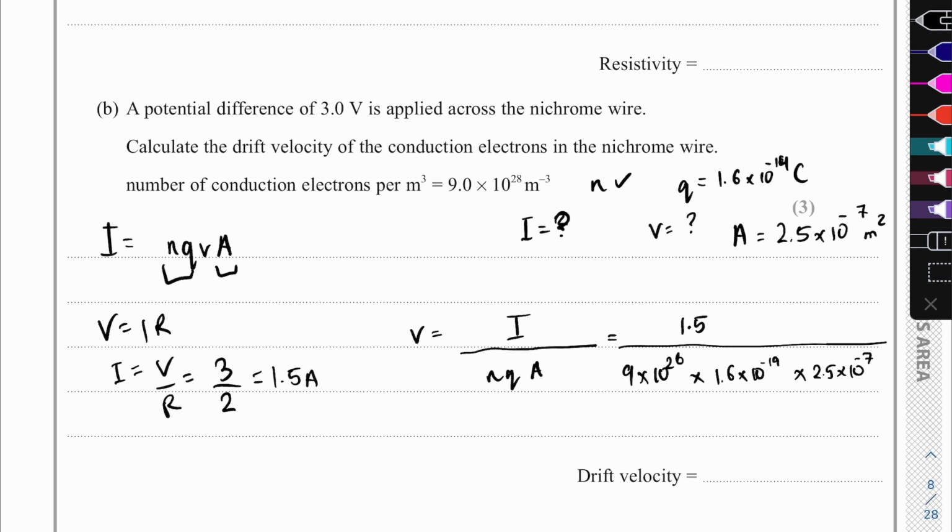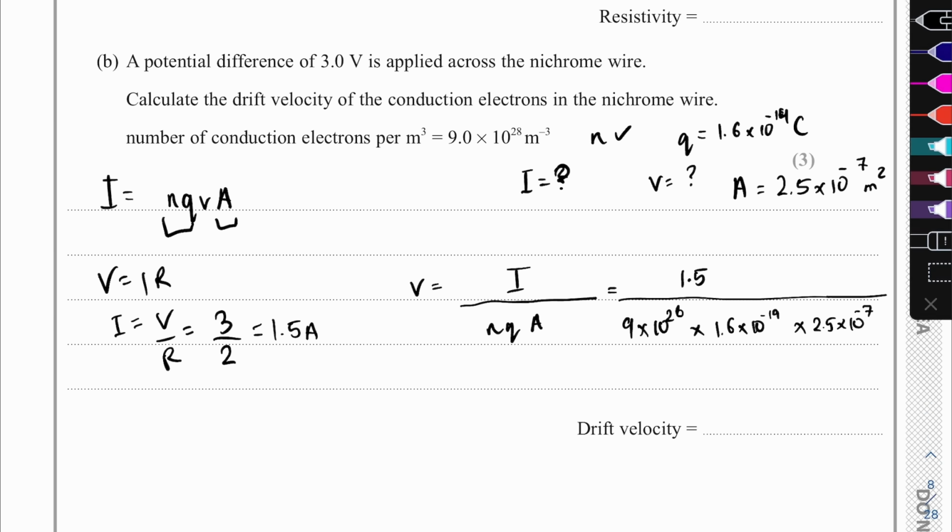So putting this in the calculator, what do we get? We get drift velocity equals 4.166 recurring times 10 to the power of negative 4 meters per second.